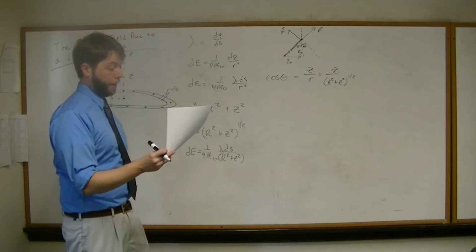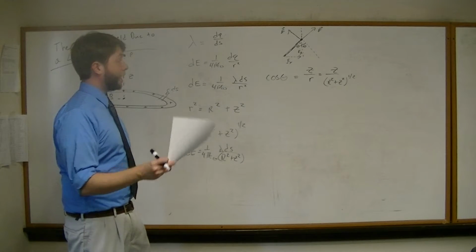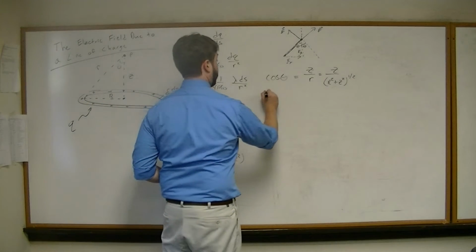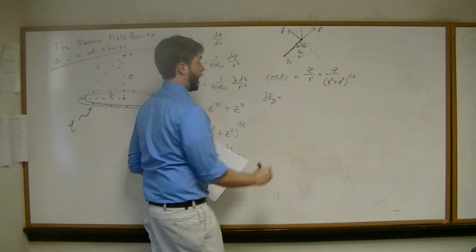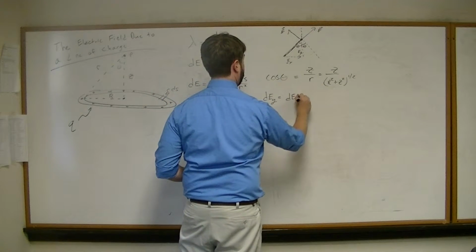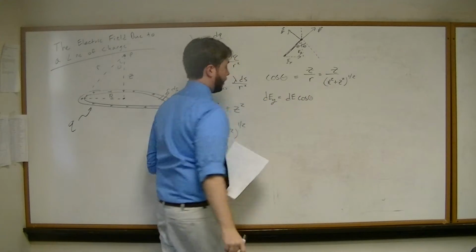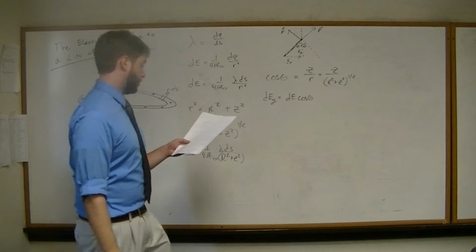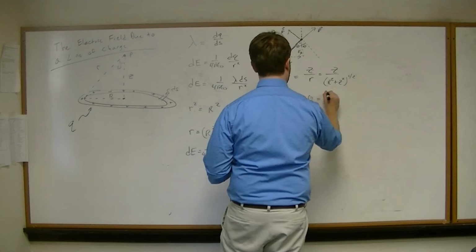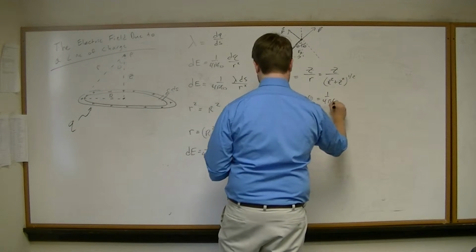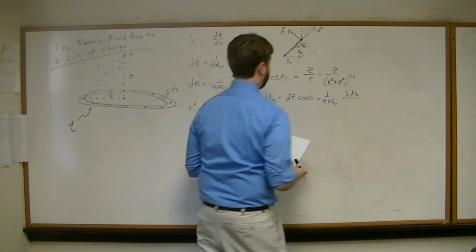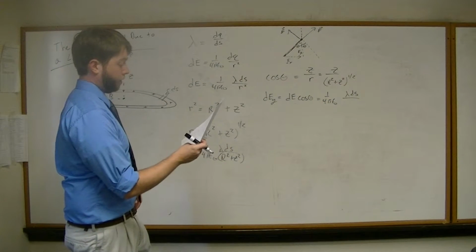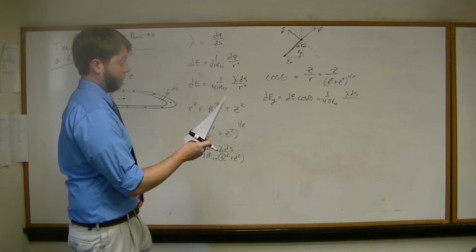Okay? So now, in order to get the y component of my electric field, I have to multiply the small electric field by the cosine of theta. And so I'm going to have 1 over 4 pi epsilon naught lambda ds over, now be careful here and watch my work.